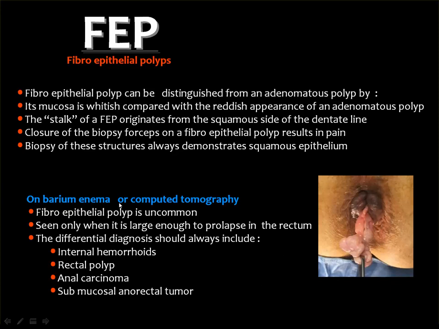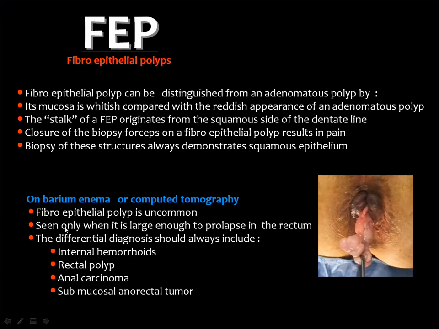If you have a barium study or CT, the possibility of detection of this polyp is uncommon. That's why the polyps are identified clinically and even felt by the patient and visualized by the clinician.